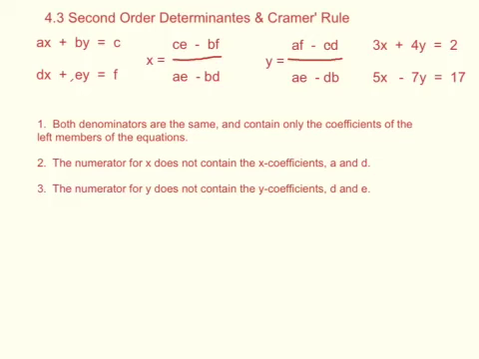They contain only the coefficients of the left members of the equation. The numerator for x does not contain the x coefficient, c times e minus b times f. The numerator for y does not contain the y coefficients, d and e. If you have that, now we're going to get into determinants and how to use Cramer's rule to quickly and easily solve systems of equations with two equations.